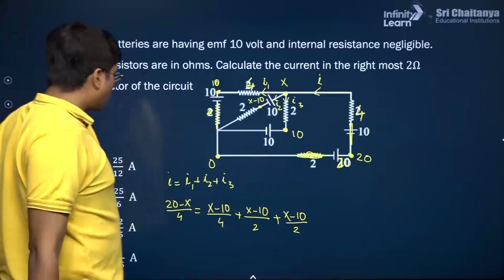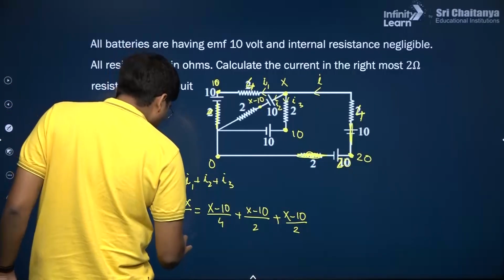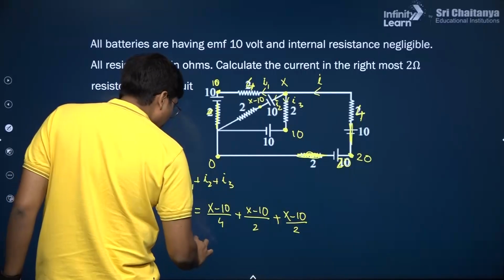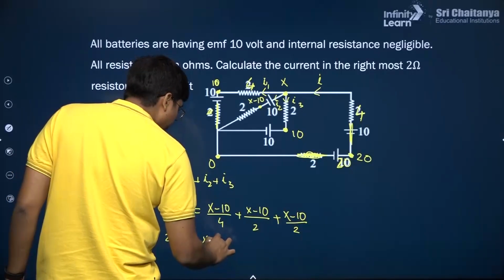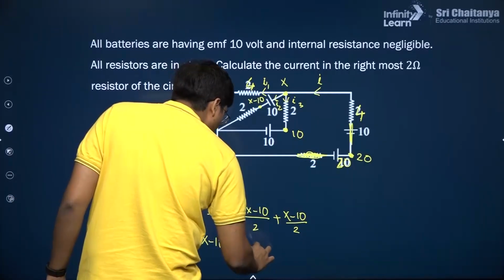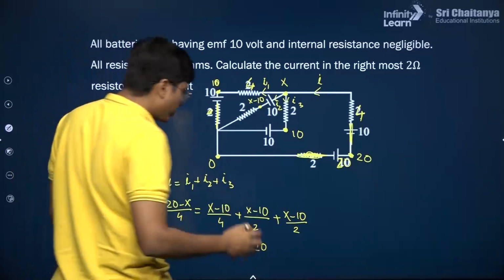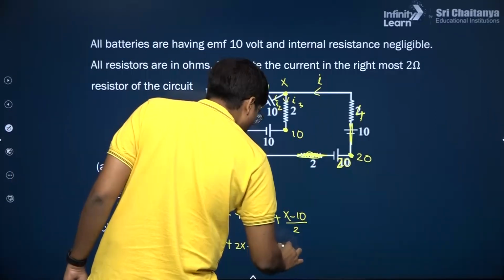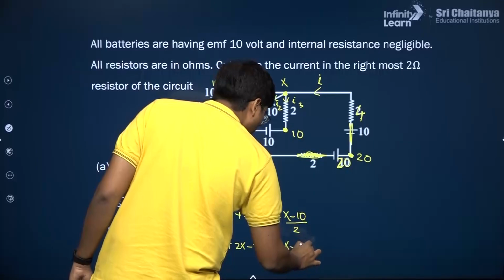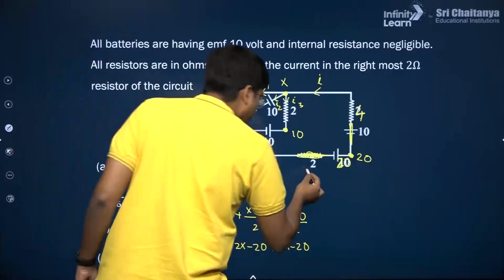Let's multiply across the board with 4, because then your equation becomes simpler. It becomes 20 minus x equal to x minus 10 plus 2x minus 20, because when I multiply with 4, this 2 cancels only one 2 in that 4. Now we need to simplify and get this x.